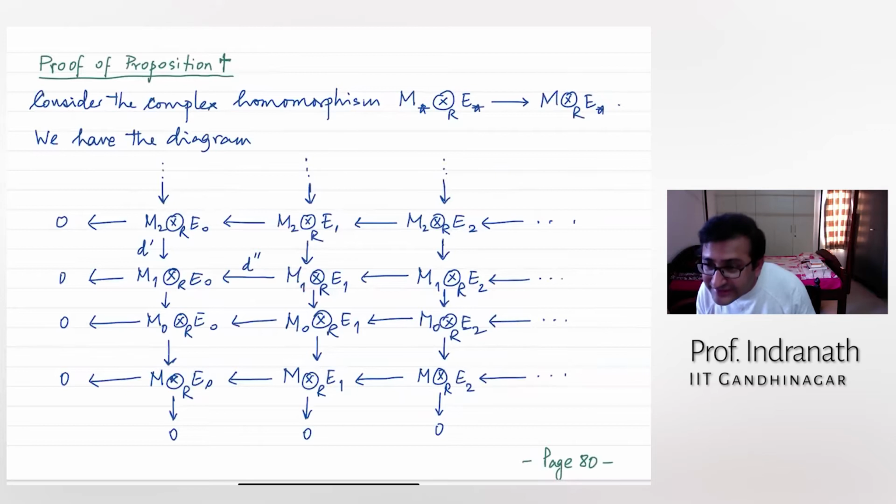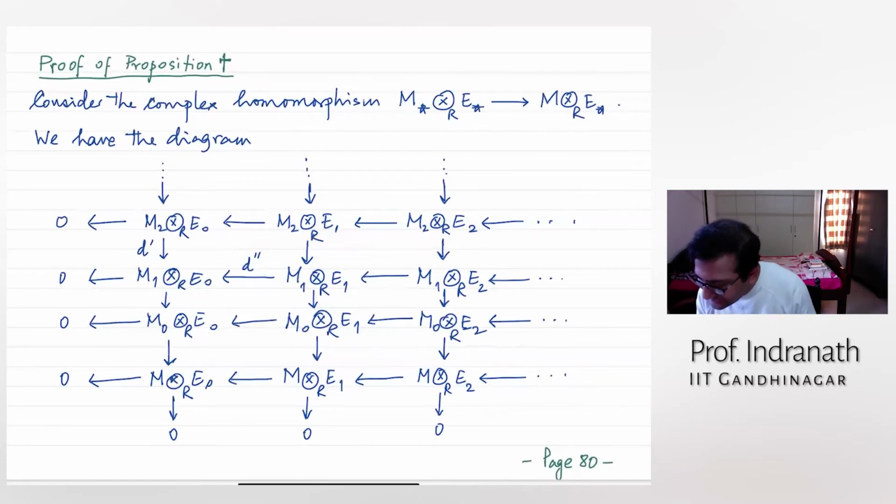If you move horizontally, you don't increase M, you don't increase this index. So going up is increasing M, going down is decreasing the M index, going to the left is decreasing E, and going to the right is increasing E.